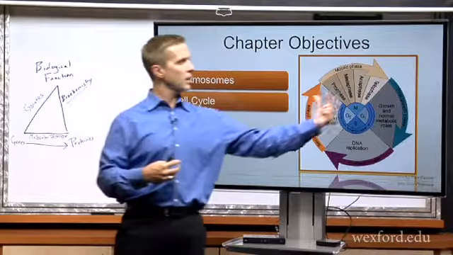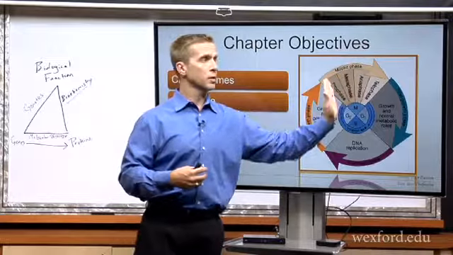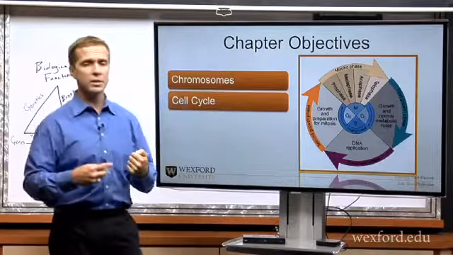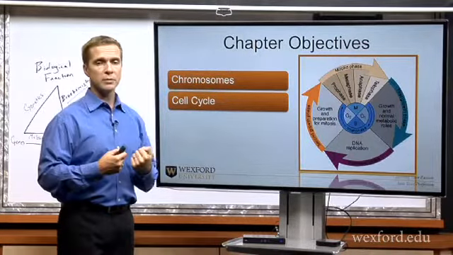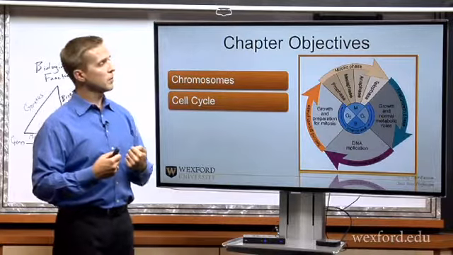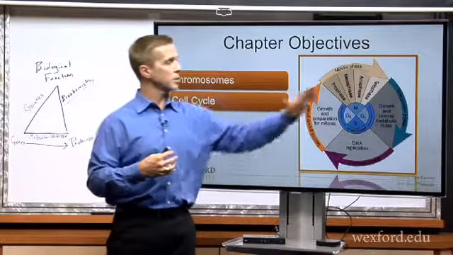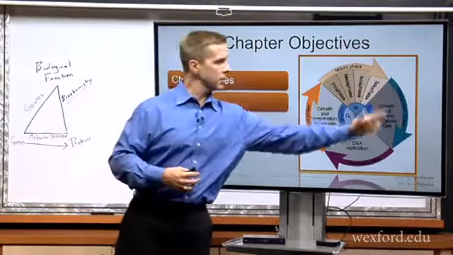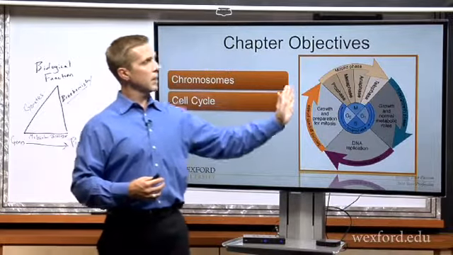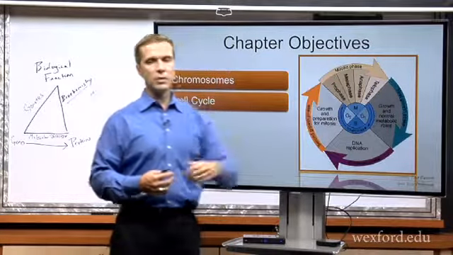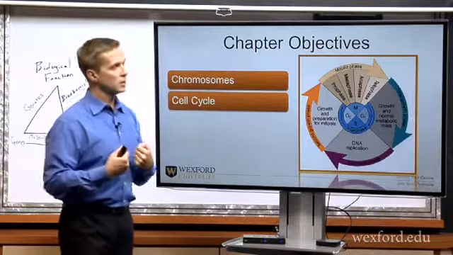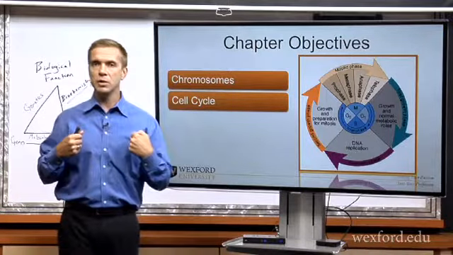Then 10% of the time it will be in mitosis, or the mitotic phase, and that's actually where we get cellular reproduction. So we're going to understand this whole cell cycle, this concept of interphase, the mitotic phase, and also cytokinesis, where we actually separate the two new daughter cells.